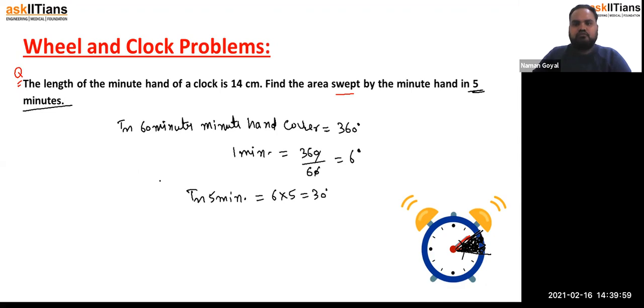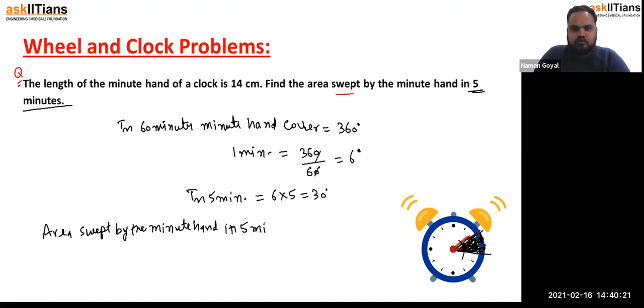So the area swept by the minute hand in 5 minutes is theta upon 360 into pi r squared. The length of the minute hand is equal to the radius, which is already given.